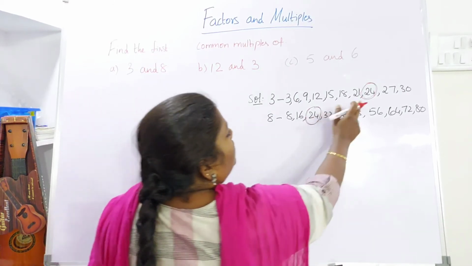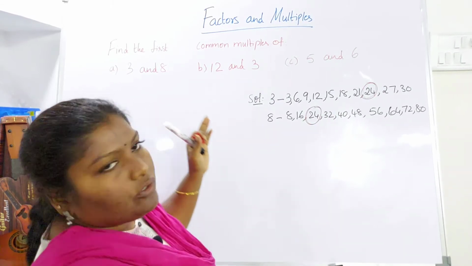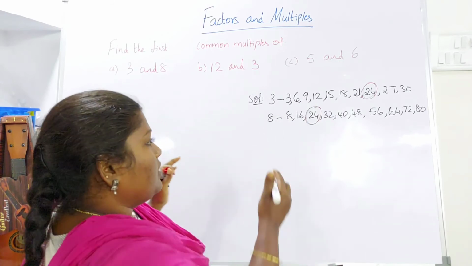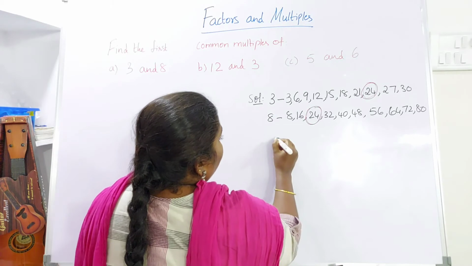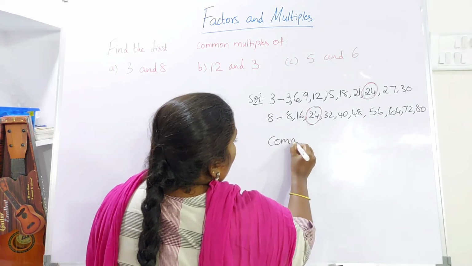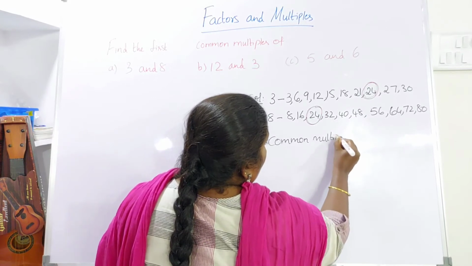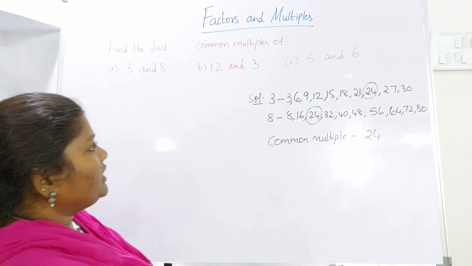So I got it, the first common multiple. If at all they ask you to write down 2 or 3 common multiples, then you need to further multiply. So the common multiple is 24.